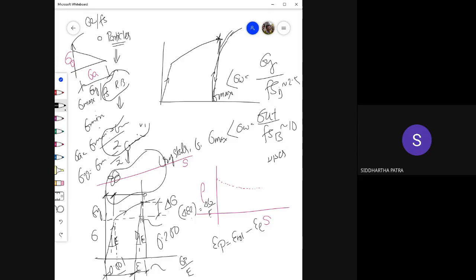So the very fact that the elasticity is only there up to 1/1000 of strain doesn't mean that the theory of elasticity finds very little application, only in 1 in 1000 cases. That's not the situation. You need theory of elasticity for most of the design work.